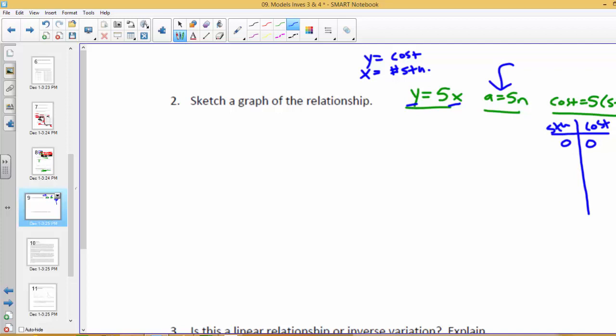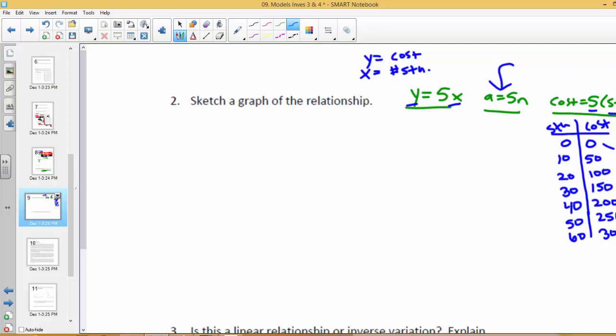Now, there's 250 students, so to count by 1 is probably not the best choice. So maybe count by something bigger, 10s, 20s. If you plug 10 in, you would get 50 because 5 times 10 is 50. 20 gives you 100. 30 would give you 150. 40 would give you 200. 50 would give you 250. 60 would give you 300.